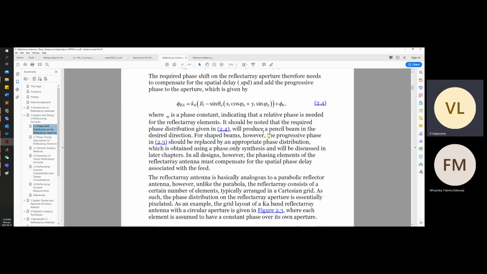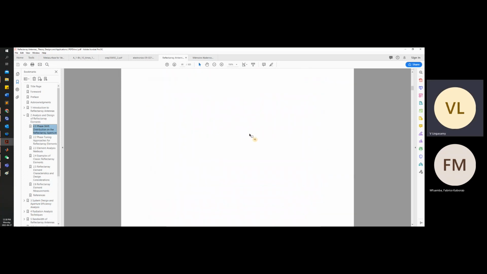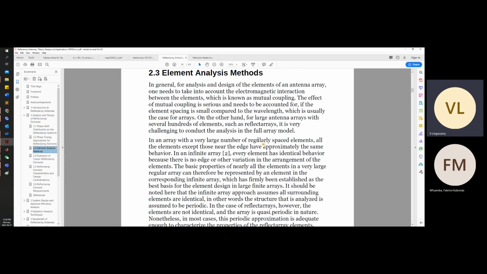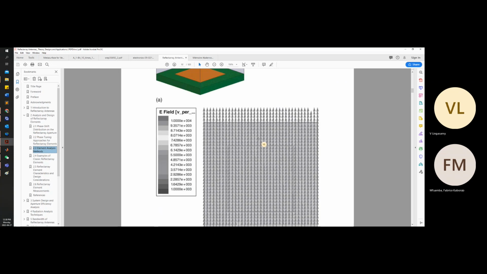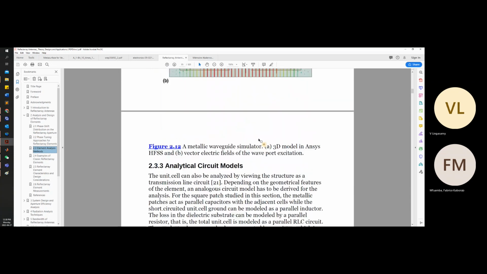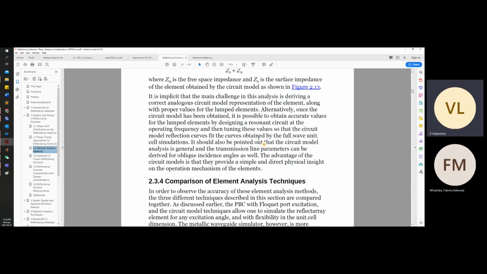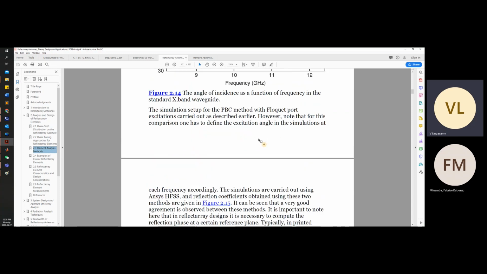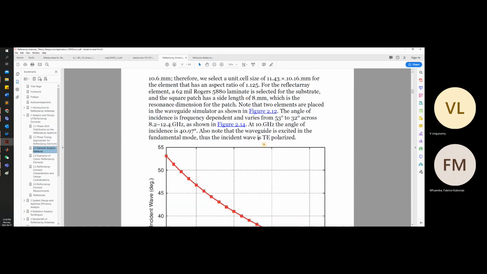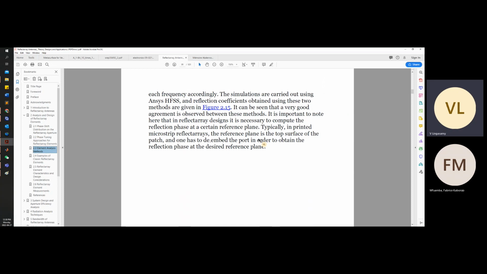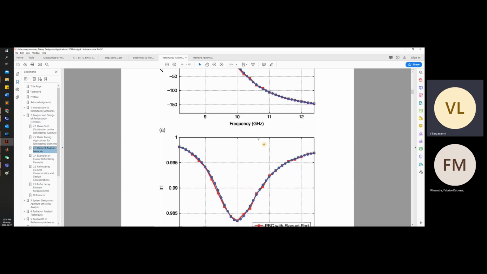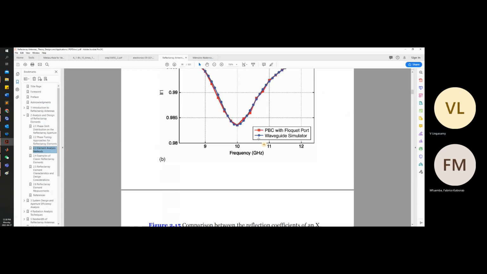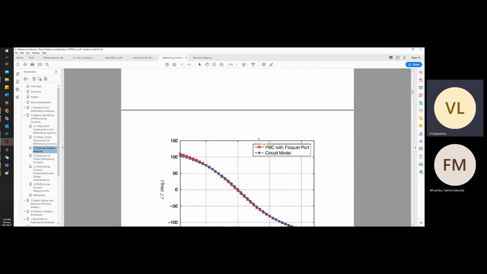This is the phase shift distribution of the aperture. Then I'm going to use the element analysis method. Here I'm going to get the element size versus phase, or frequency versus phase. In other terms, it is element size versus phase. Let me show you that.